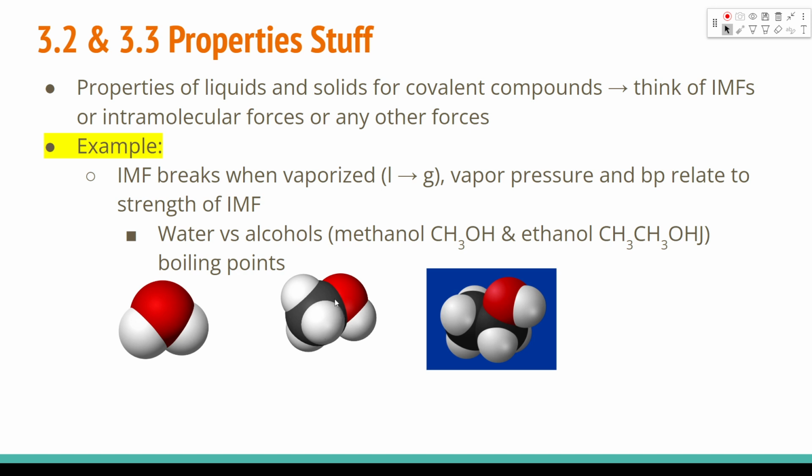In methanol, I can only hydrogen bond with this part of the molecule. And so this part of the molecule, it's harder to get to, so the boiling point isn't going to be as high as water. The same goes for ethanol.